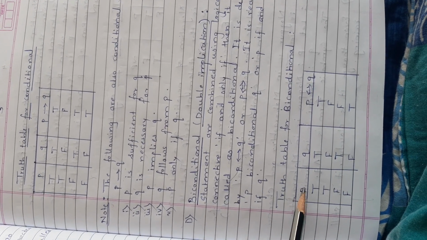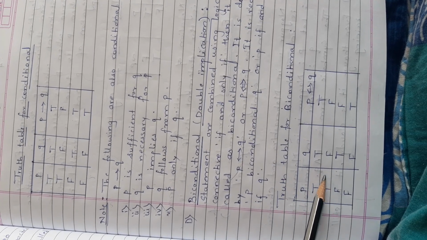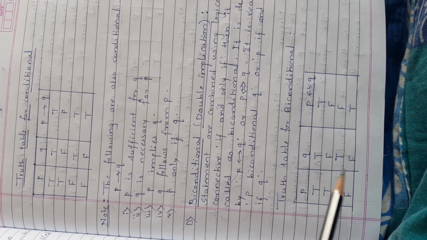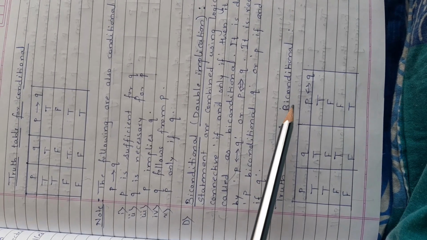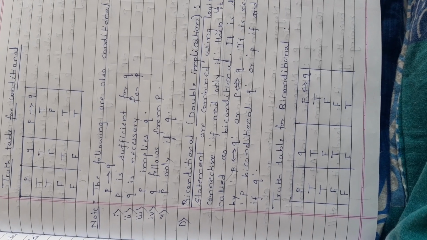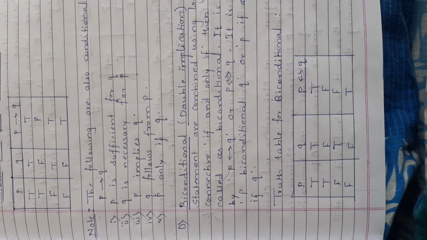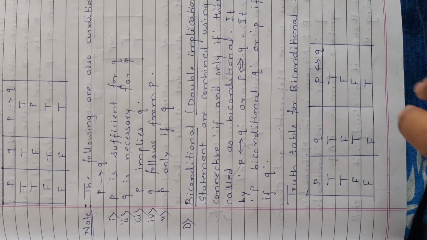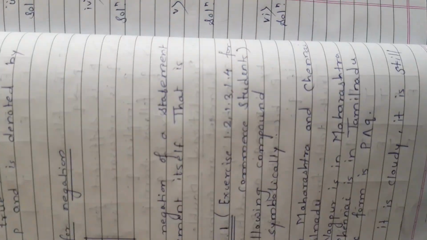See students, the P and Q columns are common for all the logical connectives. Just the third column is changing according to different logical connectives. So you have to learn these tables and be careful while solving problems on logical connectives.